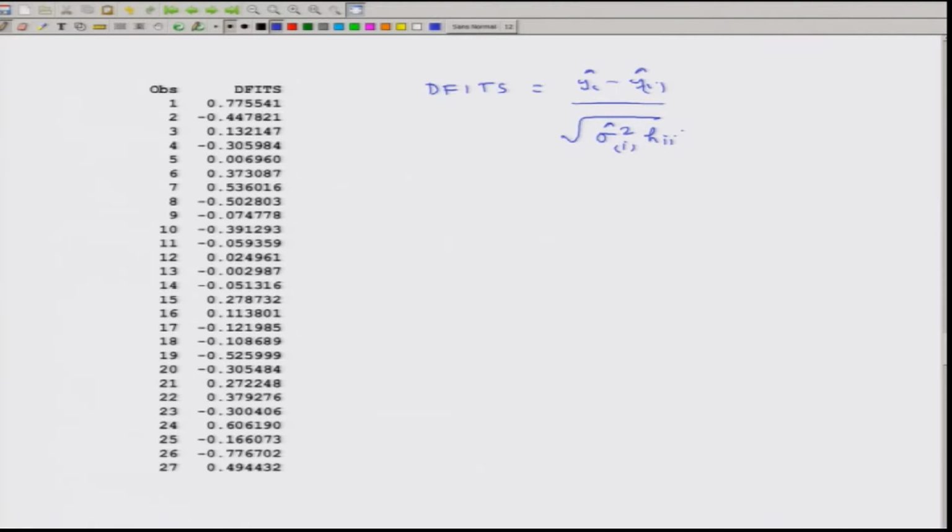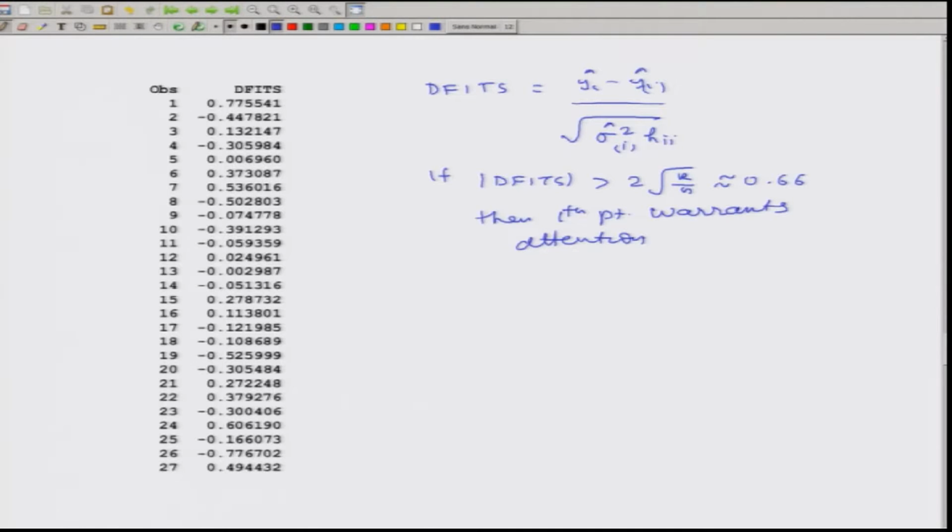And we had concluded that if the absolute value of DFITS is greater than twice the square root of k by n, which in our case comes out to be 0.66, then the ith point warrants attention.